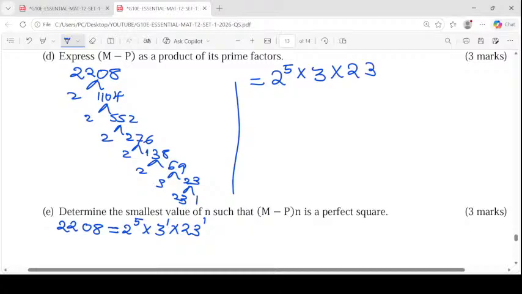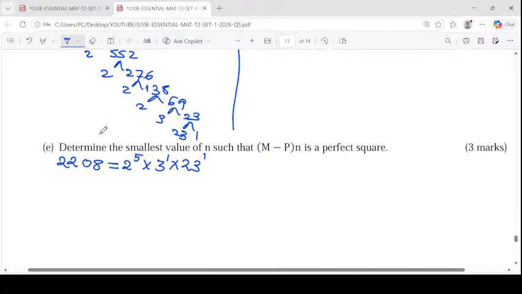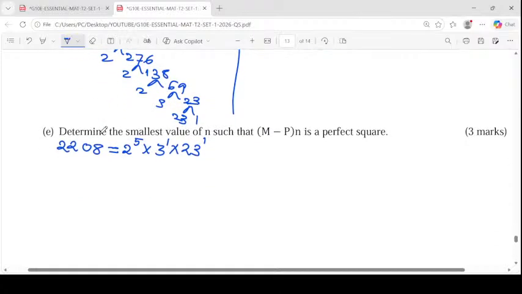So for a number to be a perfect square, all the exponents or all the powers in its prime factorization must be even. All the powers must be even numbers.